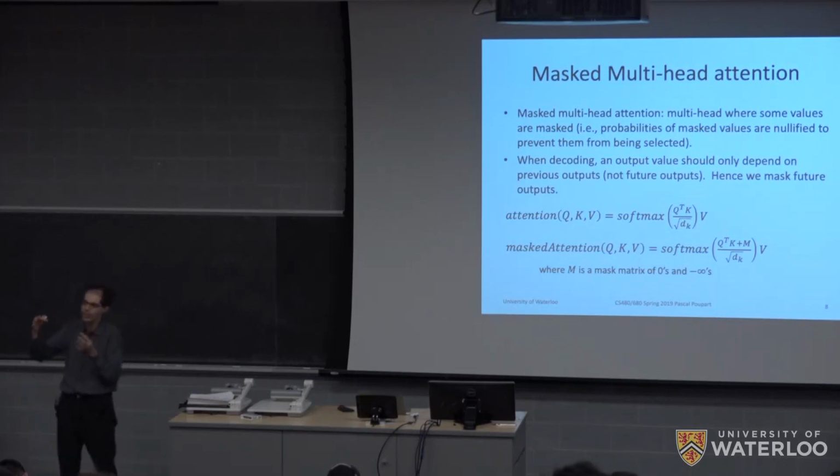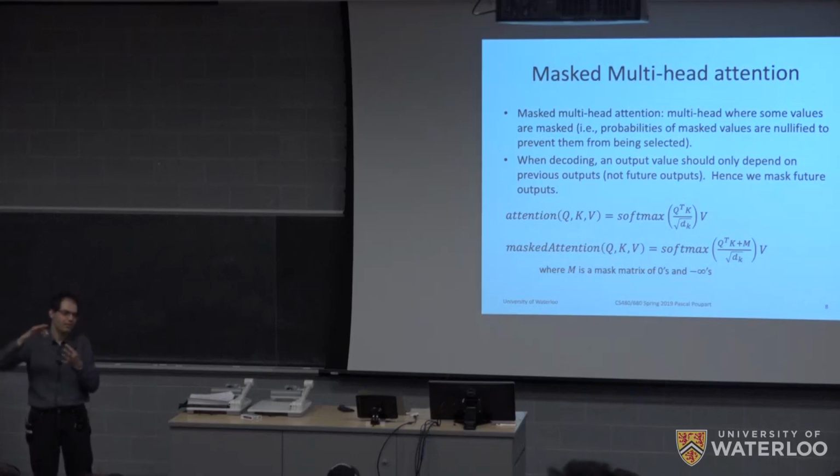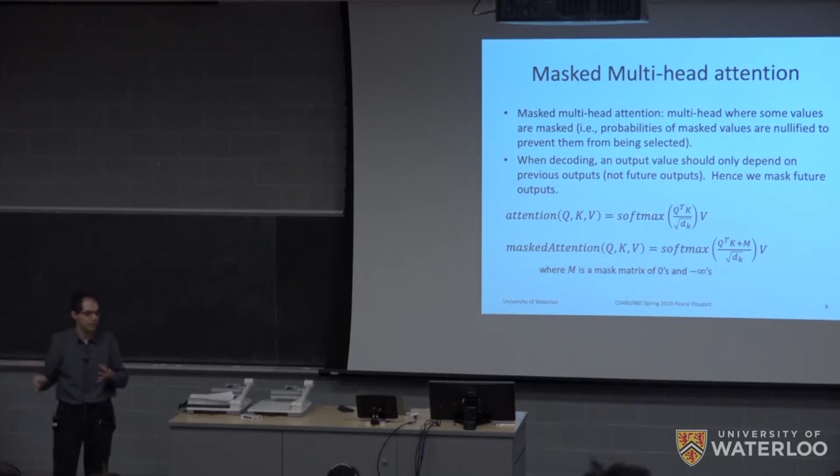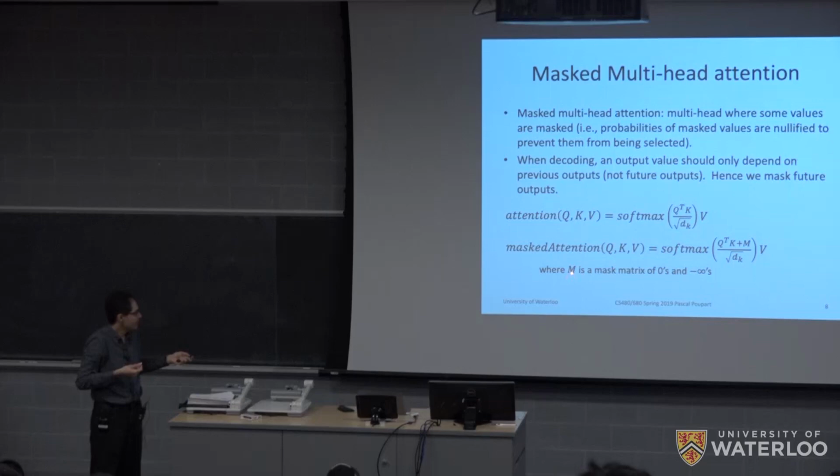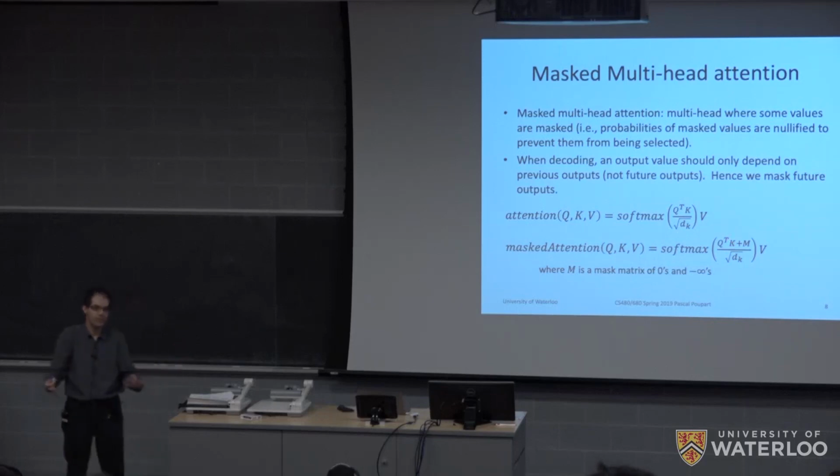So this is more like a deterministic type of dropout, if you wish, because we would never have those connections. As opposed to sampling those connections with a distribution, we use a mask, and then inside the softmax, the mask will have the effect of nullifying some of the connections because the exponential of minus infinity will be 0.